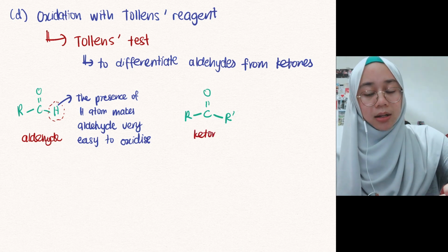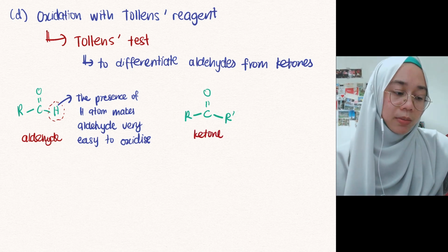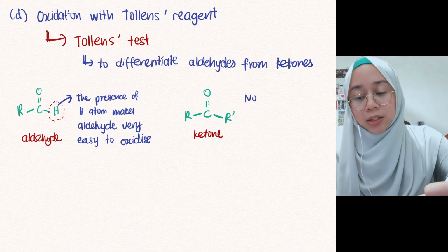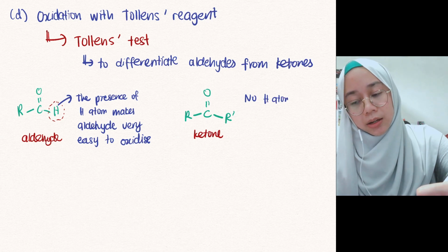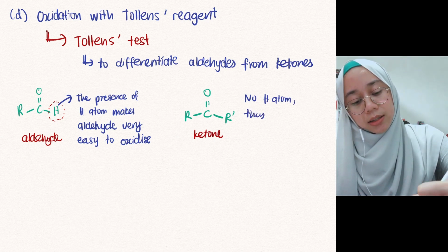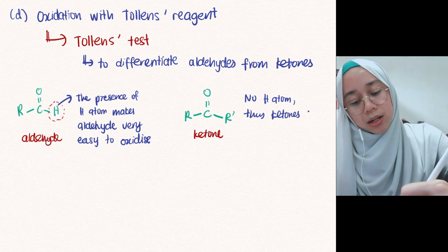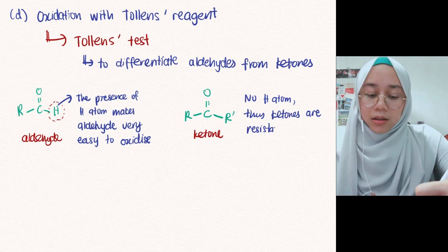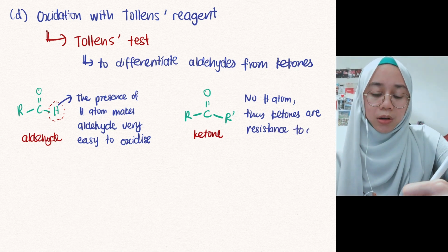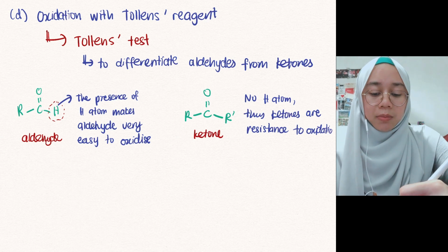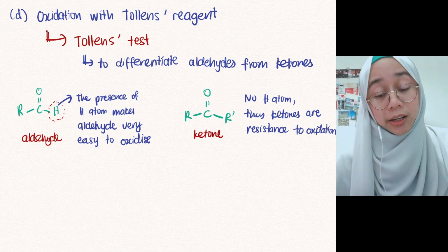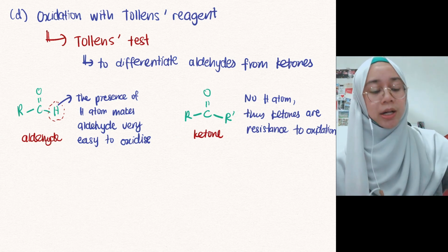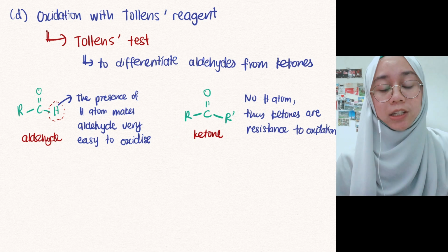So in this case, untuk keton, disebabkan dia tak ada hydrogen atom, thus ketones are resistant to oxidation. Bermaksud dia tak undergo oxidation. Okay, so keton tak boleh nak oxidize. So that is why kita akan guna Tollens test ni to differentiate aldehyde from keton.